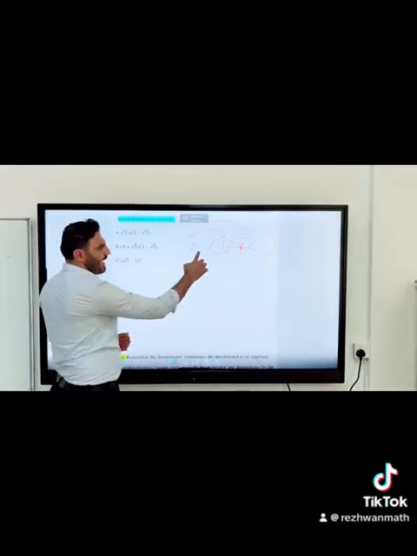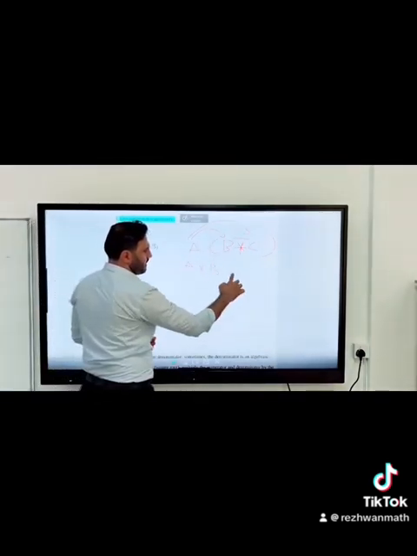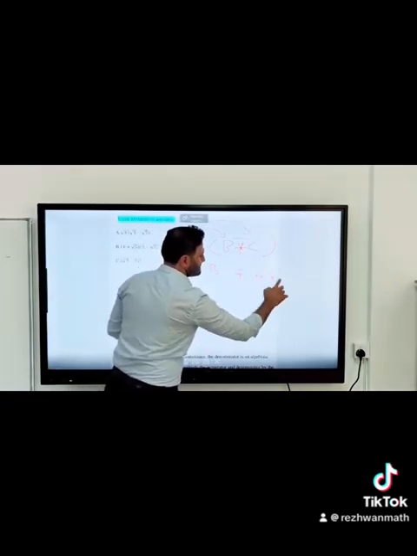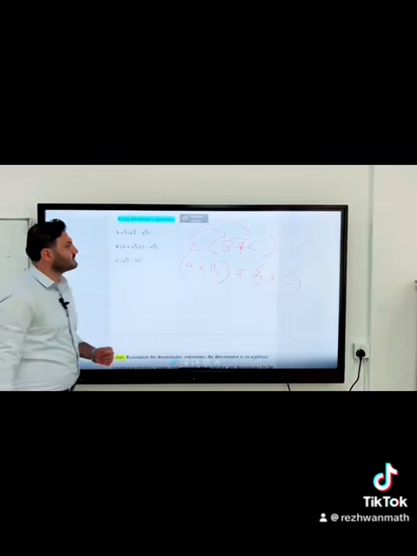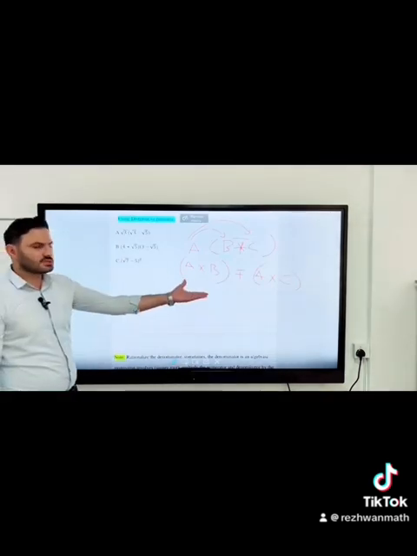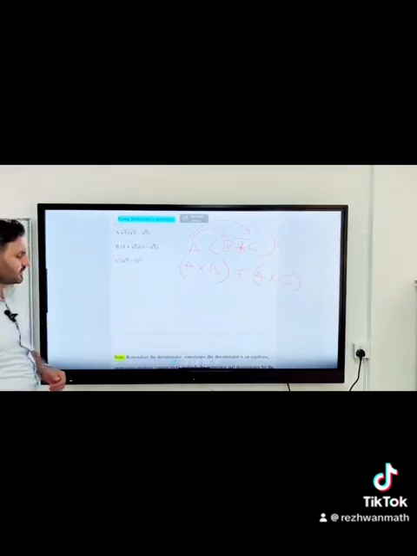So, a times b plus or minus a times c. It's the distributive property. Now, we use the distributive property to simplify each question.